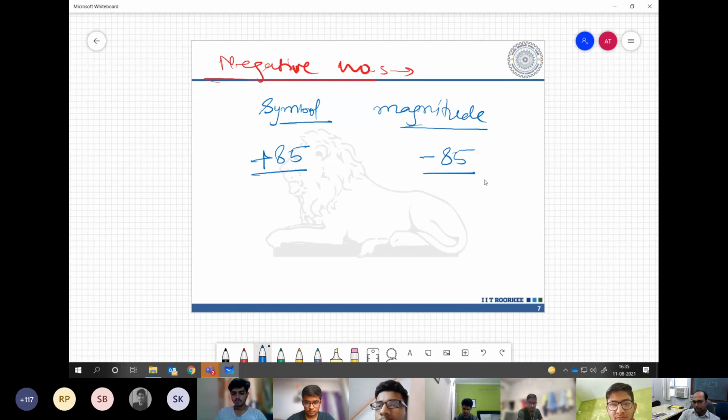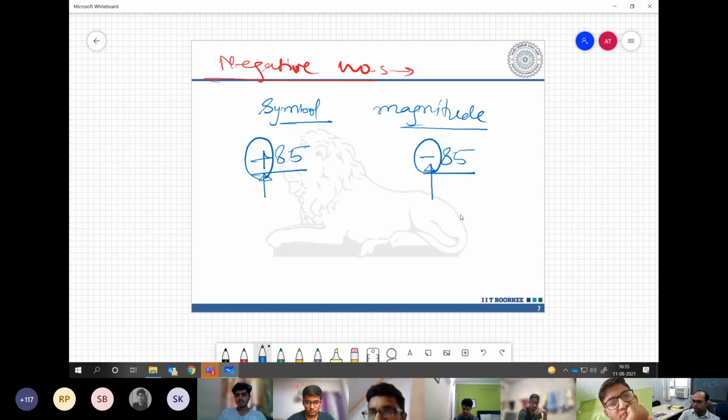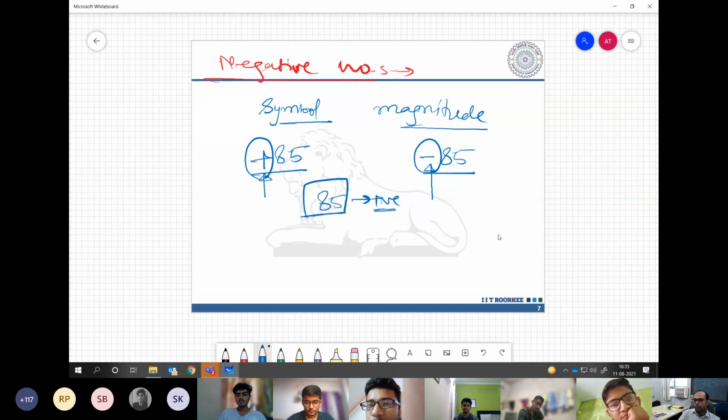Similarly, we can have minus 85. So this is the symbol which we are using to represent positive or negative numbers. Many times, even if no sign is there, we take it as a positive number. But specifically for negative numbers, we must have this symbol.